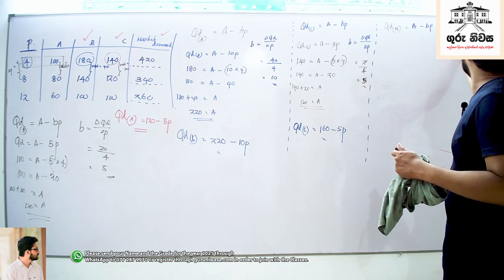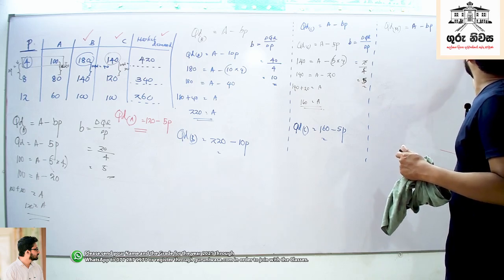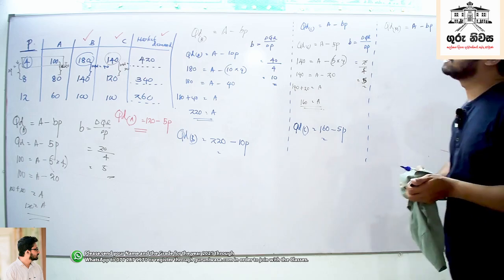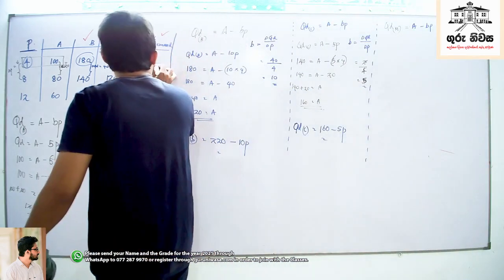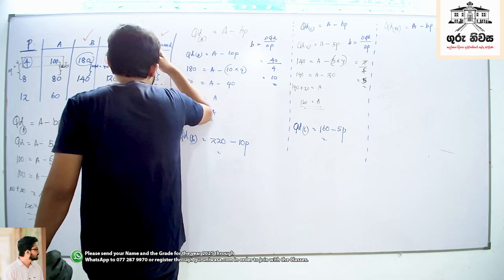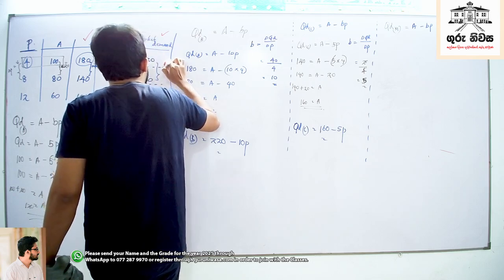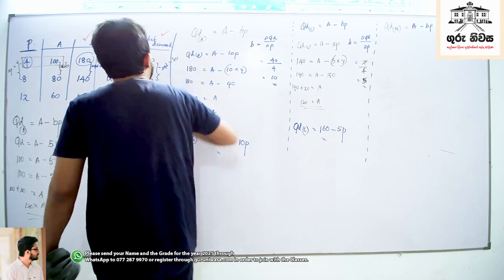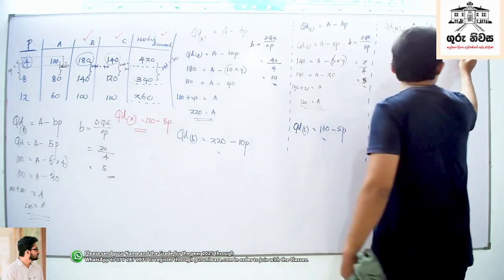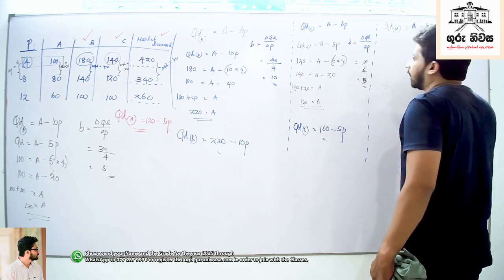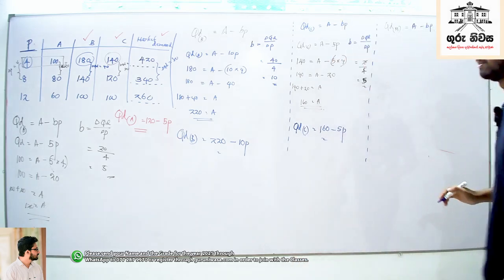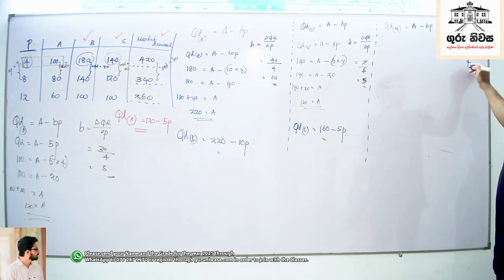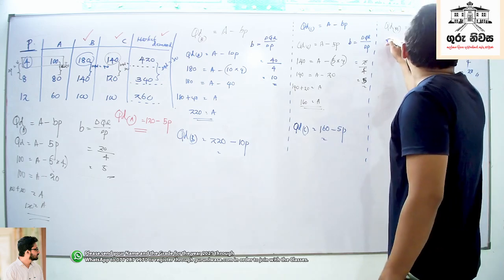Calculate B first. B equals delta QD over delta P. Change in market demand is 80, delta QD equals 80. 80 divided by change in price, which is 4 rupees, gives 20.